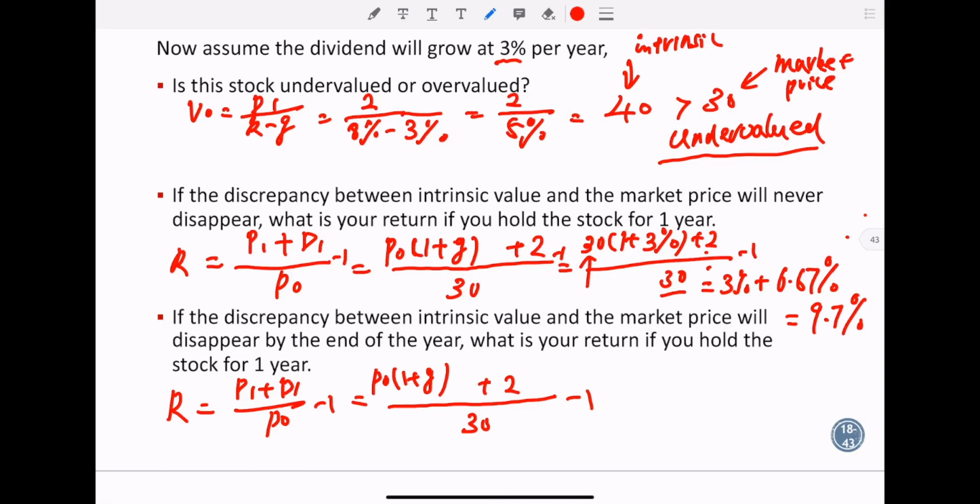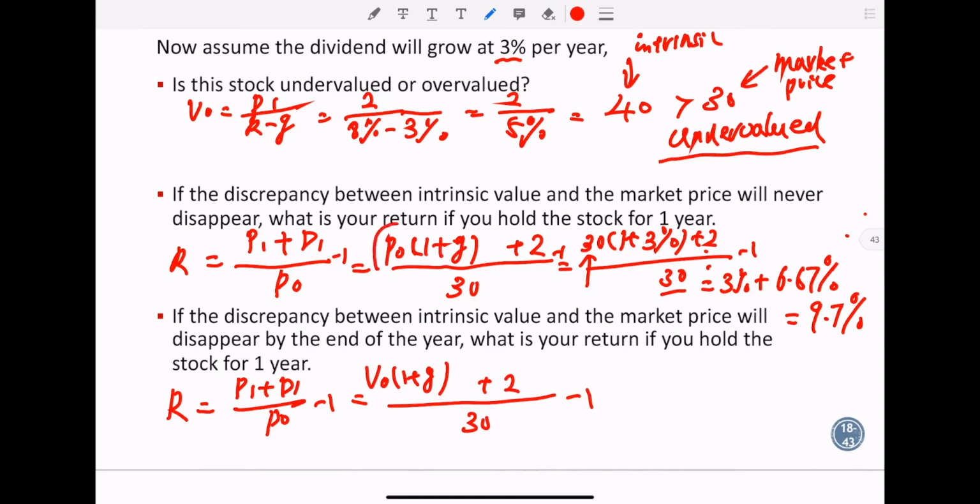So here you should not use P0. You should use V0, the intrinsic value, right? That's the major difference here. Again, you can see that in the first case you're using P0 to calculate P1. Here you're using V0 to calculate V1.